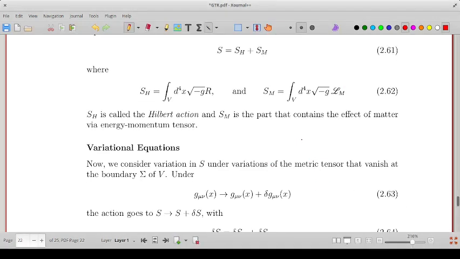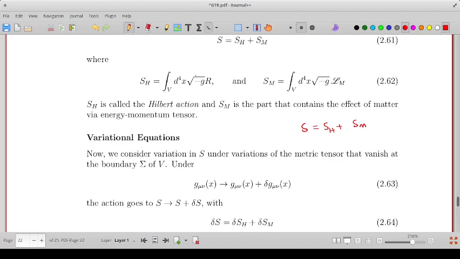So now we have obtained the action, which is the sum of the Hilbert action SH plus SM, where SH is given by this and SM is given by this. We can now construct the variational equations.